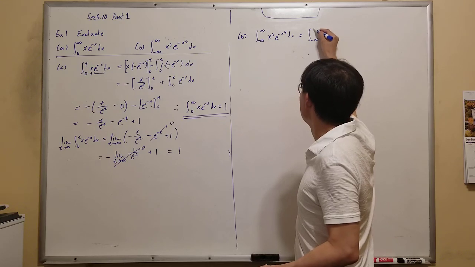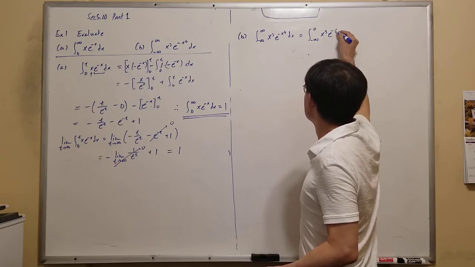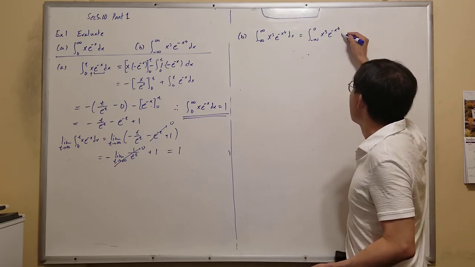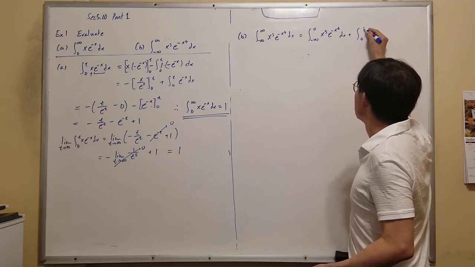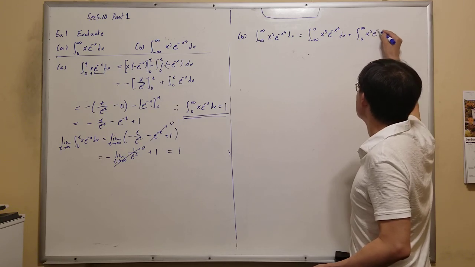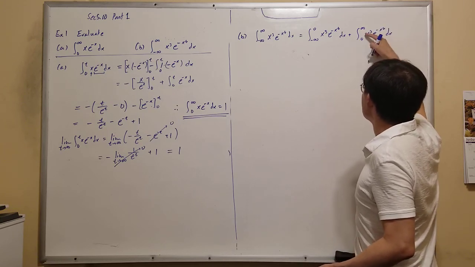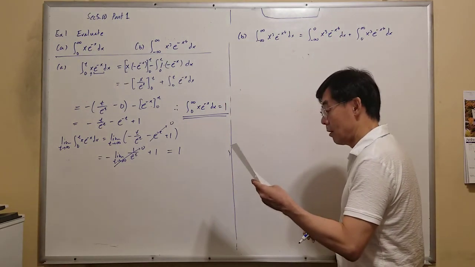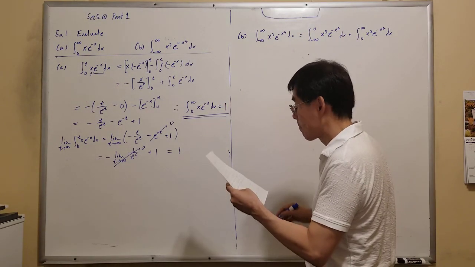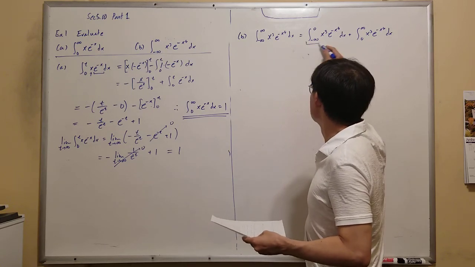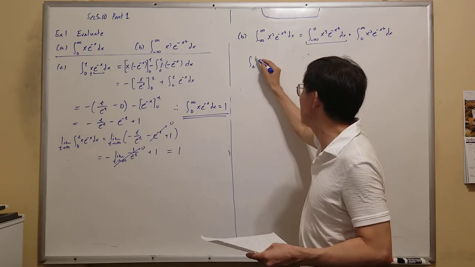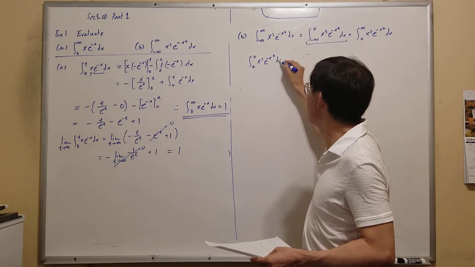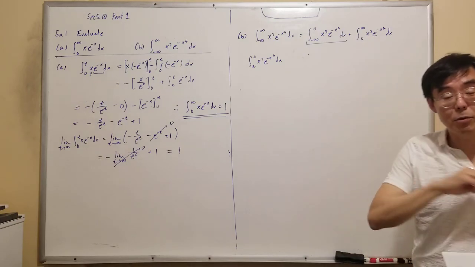We have to consider both cases, right? The integral of x cubed e to the minus x to the 4th dx from 0 to infinity. Anyway, the inside function is defined everywhere. So to consider this one, we have to think about the integral from t to 0 of x to the 3rd e to the minus x to the 4th, and then we're going to take the limit as t goes to negative infinity.